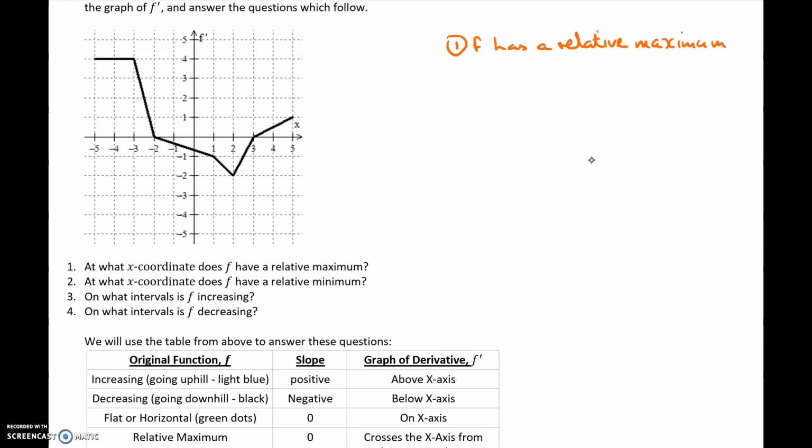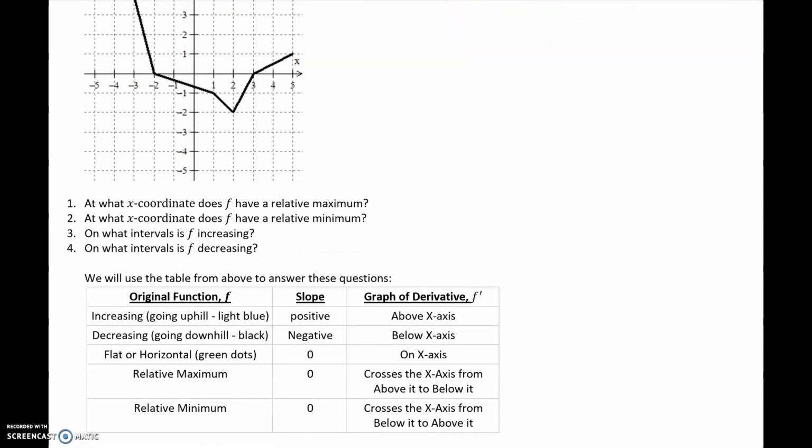If you're not sure yet, look at the table down below. The left-hand column of the table talks about f, and on the fourth line down we see relative maximum. So f has a relative maximum.